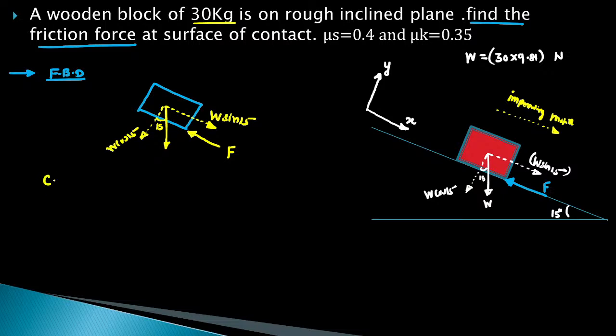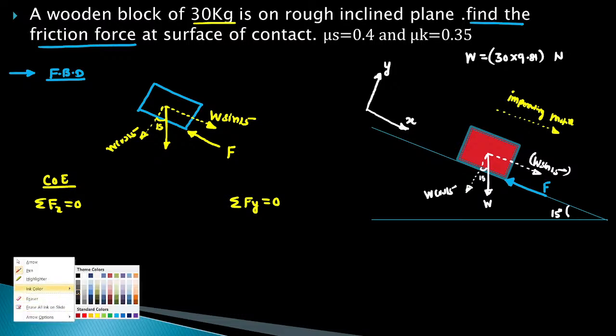Now use the conditions of equilibrium. Summation Fx is 0 and the second condition is summation Fy is 0. We forgot to give the normal reaction. The normal reaction will be exactly perpendicular to the plane.